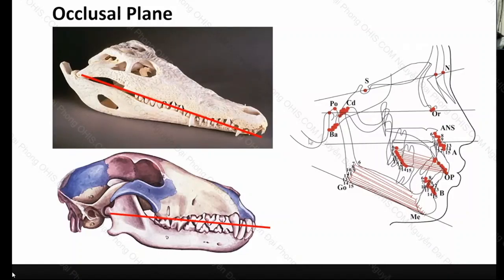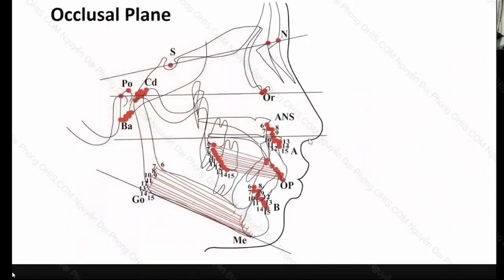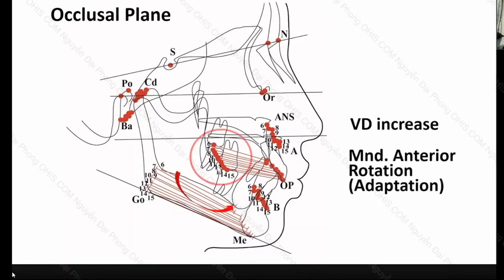So therefore, today, this open bite class 3 problem, the problem is the vertical dimension of the posterior part increases and the mandibular plane, the mandible, rotates anteriorly. This is adaptation.